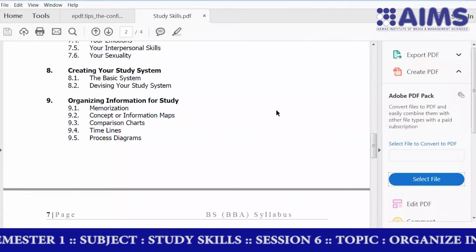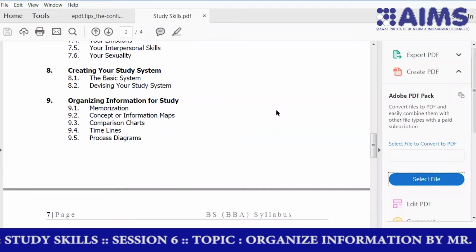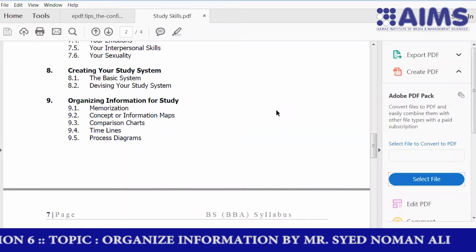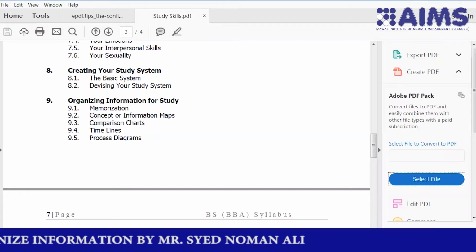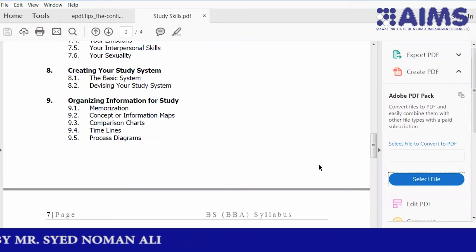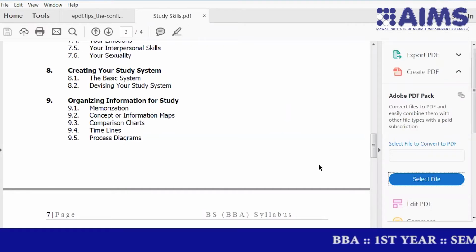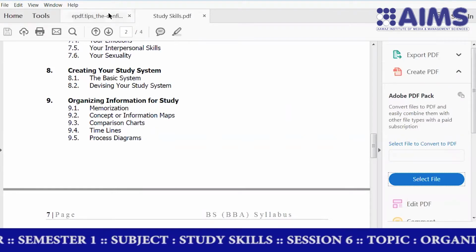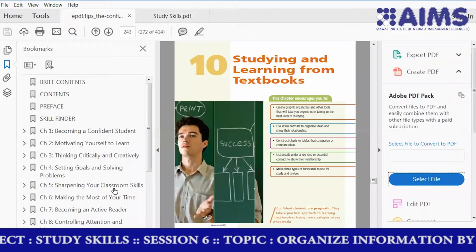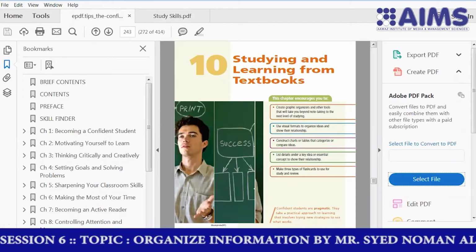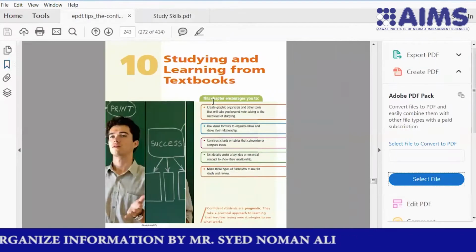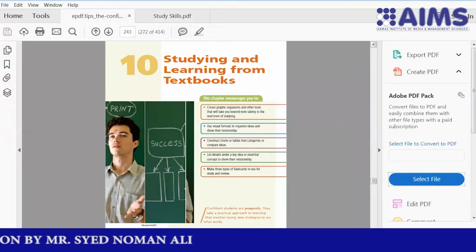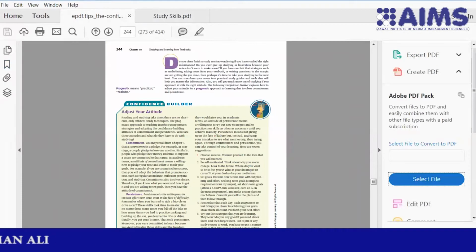Here is the content in front of you: memorization, concept for information map, comparison chart, timeline, process diagram, informal outline, branching diagrams, and how we can use this book effectively.